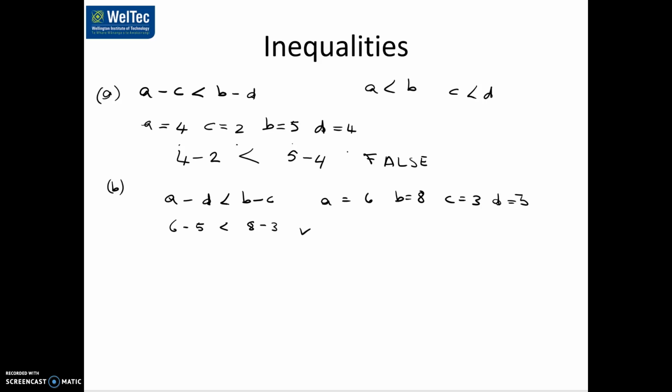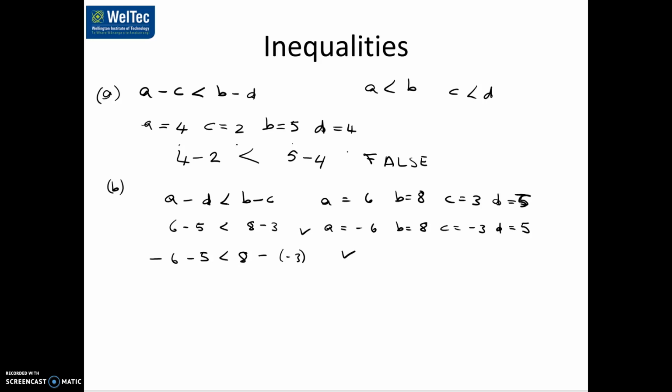Yes, so it's true. What if I have the negatives of these ones? Well, the negatives of the A's and the C's, so A equals negative 6, C equals negative 3, D equals 5. Let's try that one. So negative 6 minus 5 is less than 8 minus negative 3. Yep, that works as well. So we're just going to prove them, and the same for C.